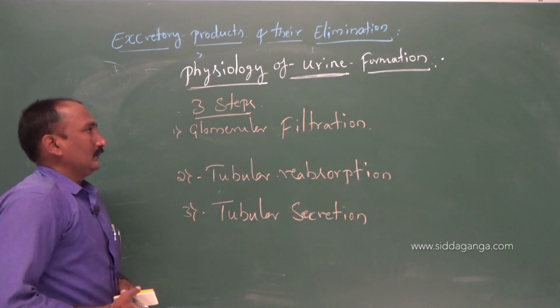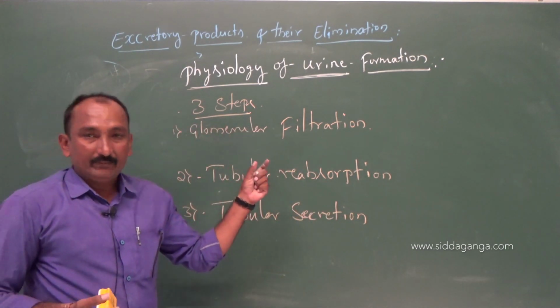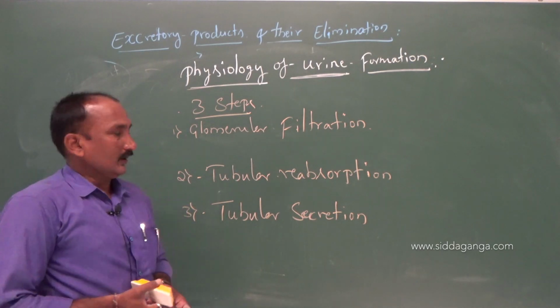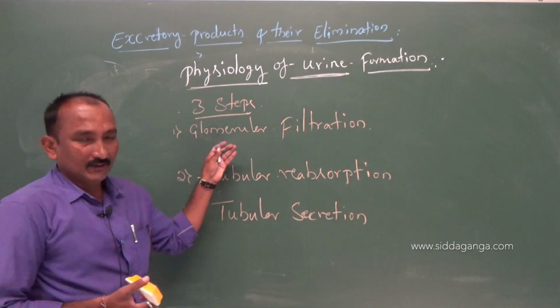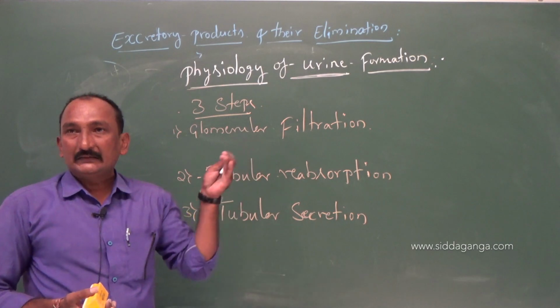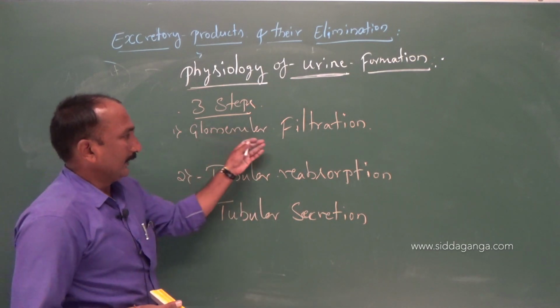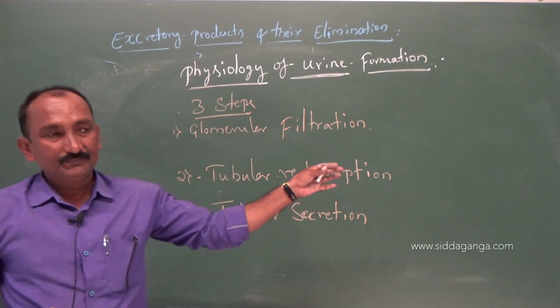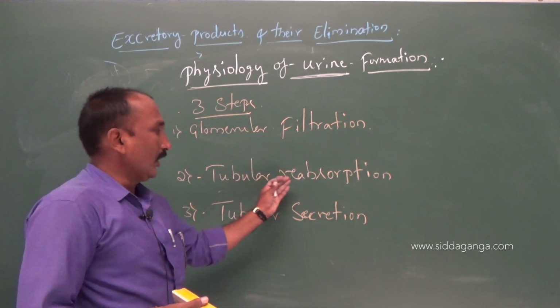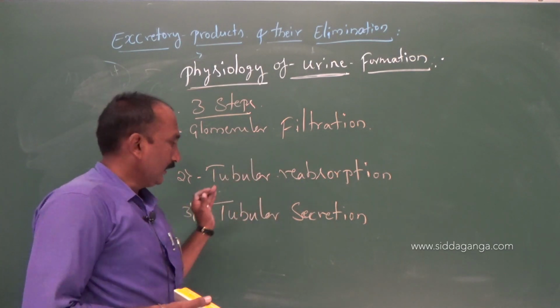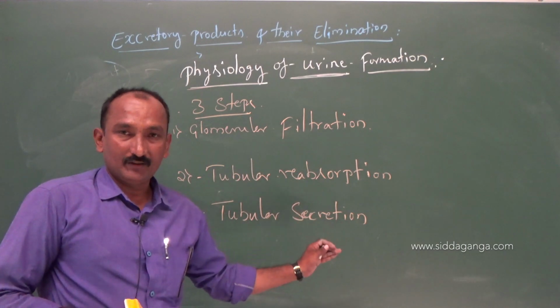The urine formation within the kidney with the help of the nephron takes place in 3 steps: glomerular filtration, tubular reabsorption and tubular secretion.